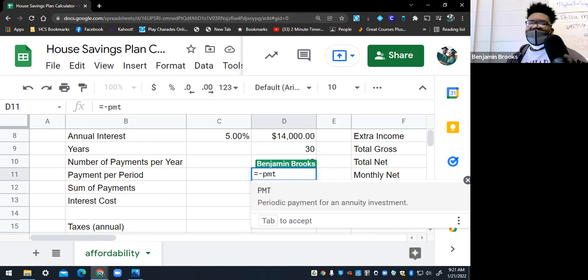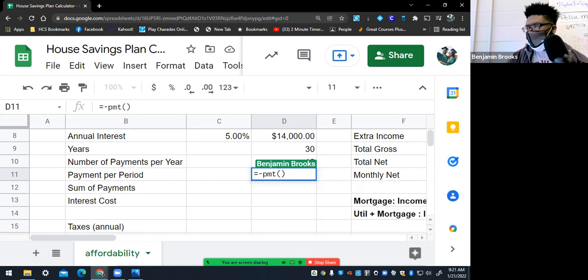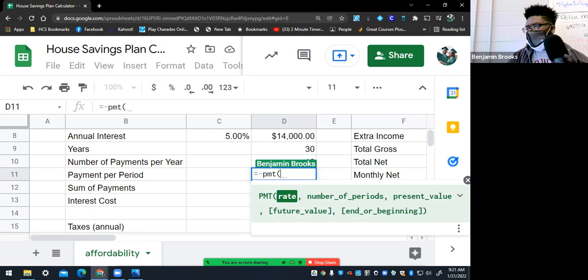It allows us to take into account all of the percentages and everything else that's going on here. There are three numbers that we need to put into this PMT function. And make sure it's negative PMT, by the way.